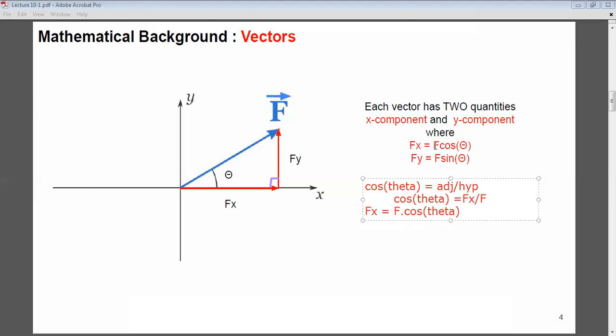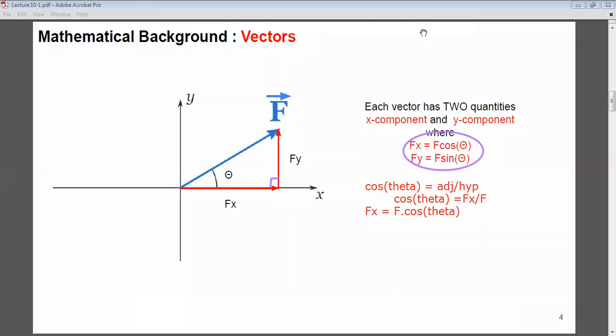So it's written over here. I do the same thing for sine theta. Sine theta is the opposite side divided by the hypotenuse. The opposite side is Fy. So Fy will be F sine theta. And this is what I get: Fx will be F cosine theta, and Fy will be F sine theta.